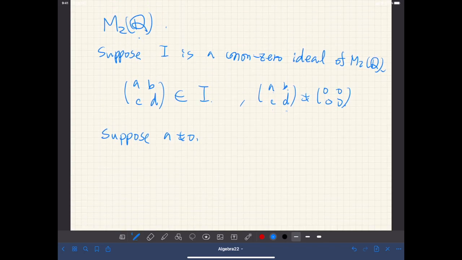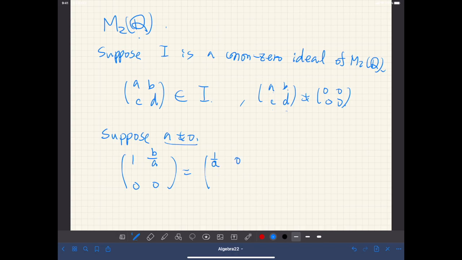Then we have A over B, B over A. Since A is assumed to be non-zero, we can do this. B over A is fine. And 0, 0 is expressed as a product of these two matrices.